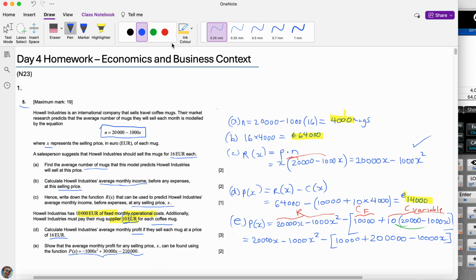Okay, be very careful. Now you're going to have to work this minus all throughout, okay? But keep an eye on the price. Look what they're getting you to show. It's not bad. They're getting you to show the 210,000, and there it is right there.